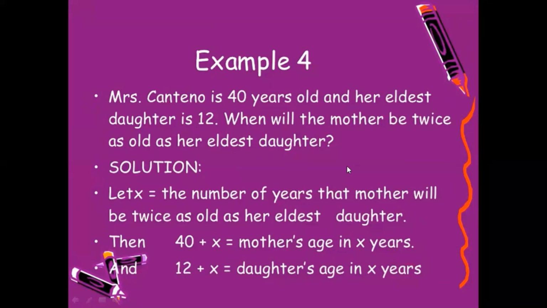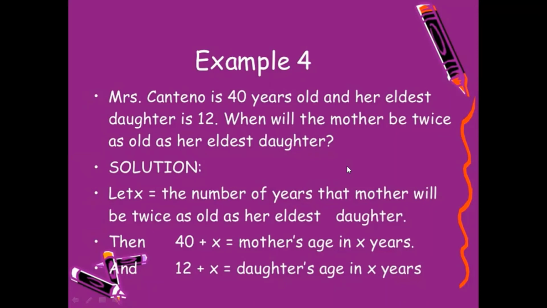We are just looking for that period, and how many years it will take to make this relationship true, that the mother will be twice her daughter. So this is the first problem. We are not calculating the ages of any person. We are calculating the time period in which their ages will become twice of each other, that the mother will become twice her daughter.